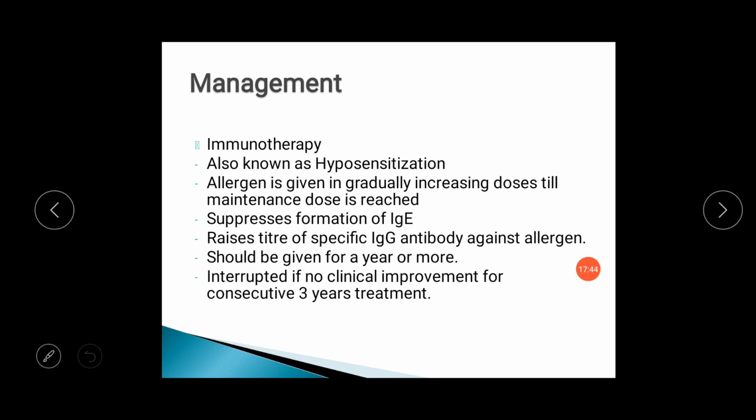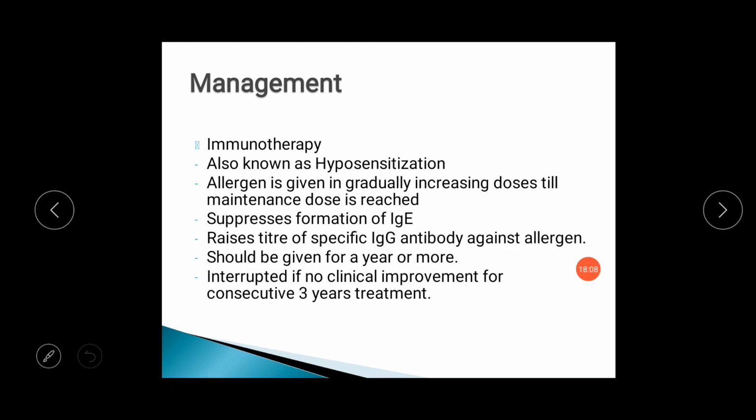It raises the titer of the specific IgG antibody against that allergen. It should be given for a year, or sometimes it can last up to 4 or 5 years. Immunotherapy treatment is interrupted if no clinical improvement is found after 3 consecutive years of treatment.